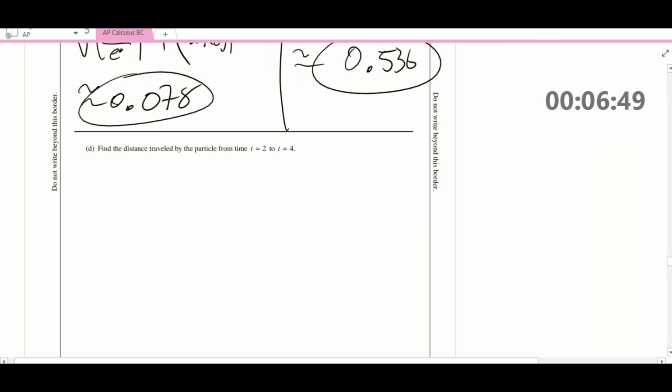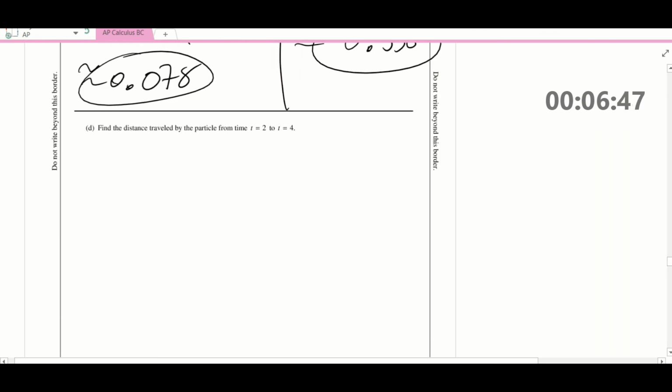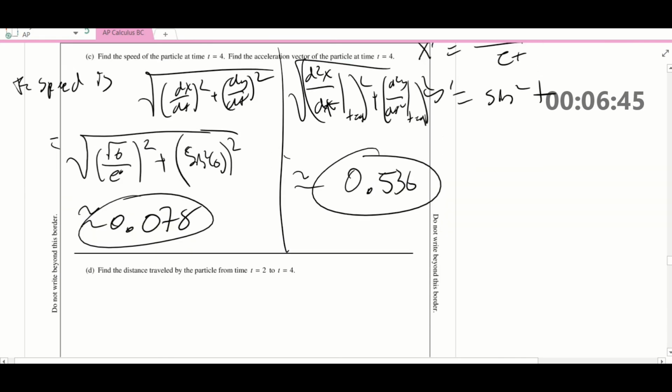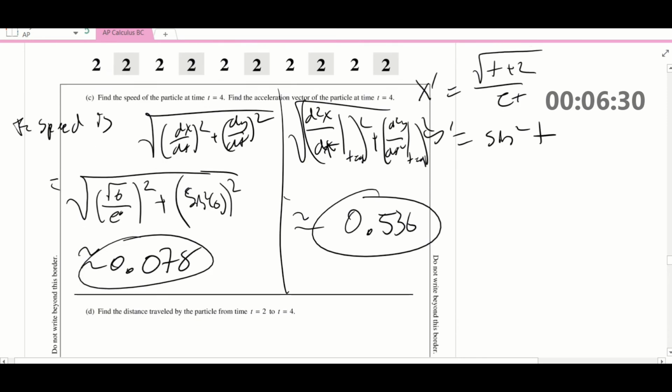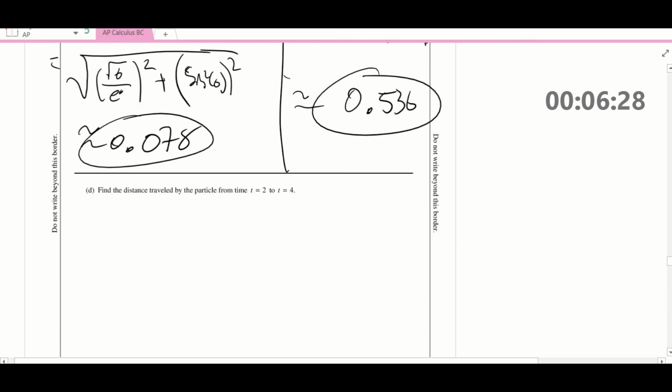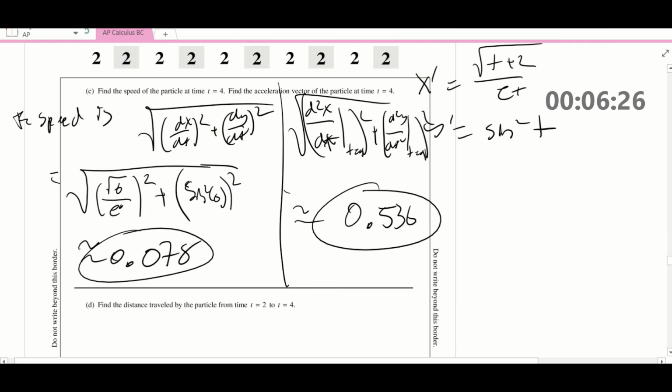Find the distance traveled by a particle from t equals 2 to t equals 4. So it's asking you for the distance traveled, not the total distance from the origin. This suggests the use of arc length.